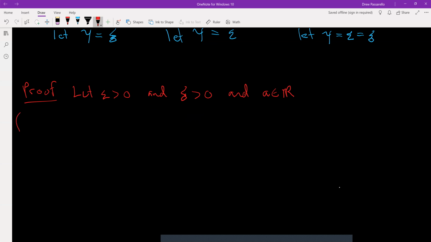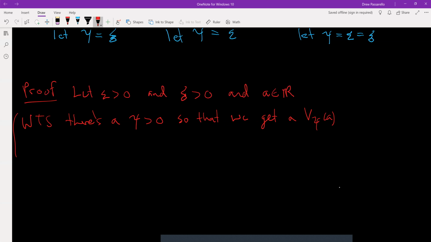We wish to show there's a gamma greater than 0 so that we get a gamma neighborhood from the intersection of the delta and epsilon neighborhoods. All right, that's what we're wishing to show.